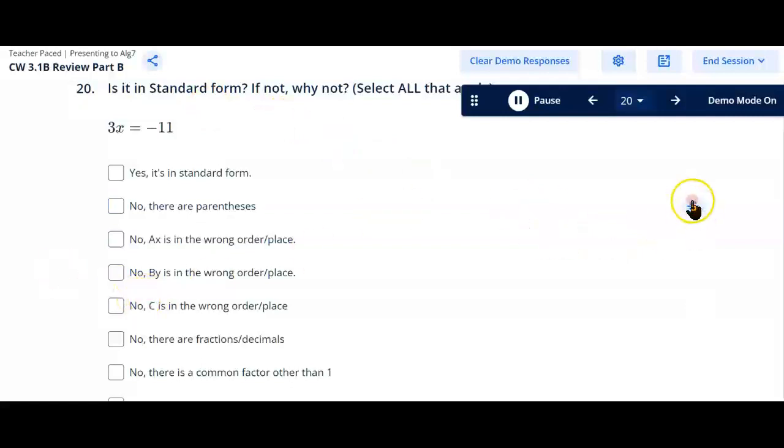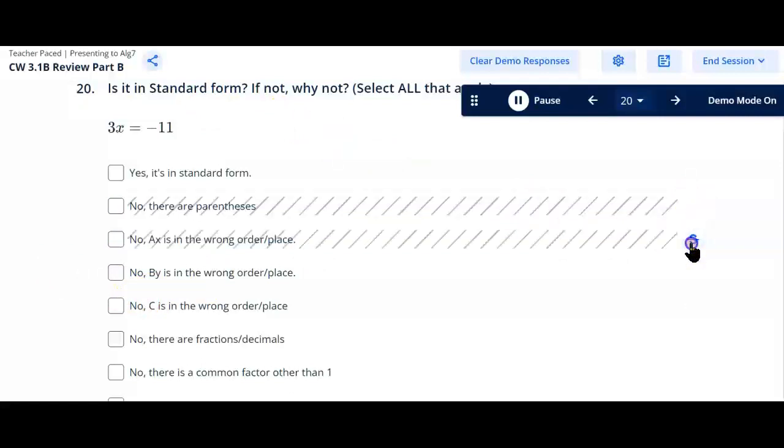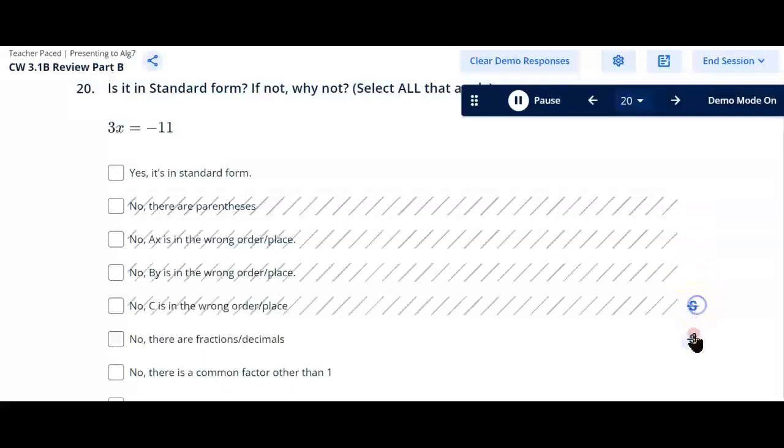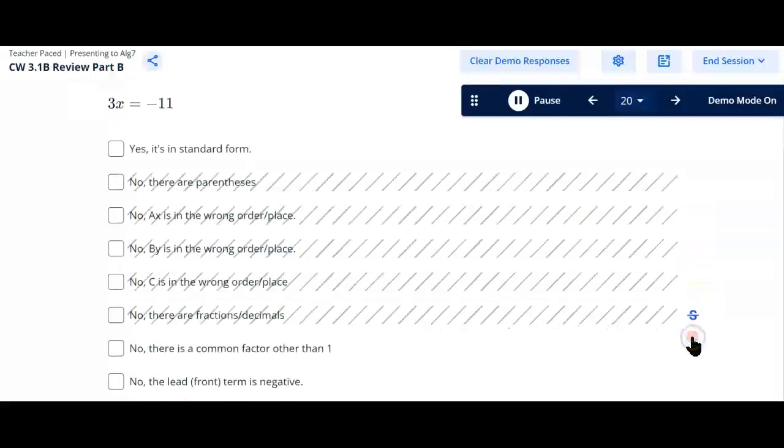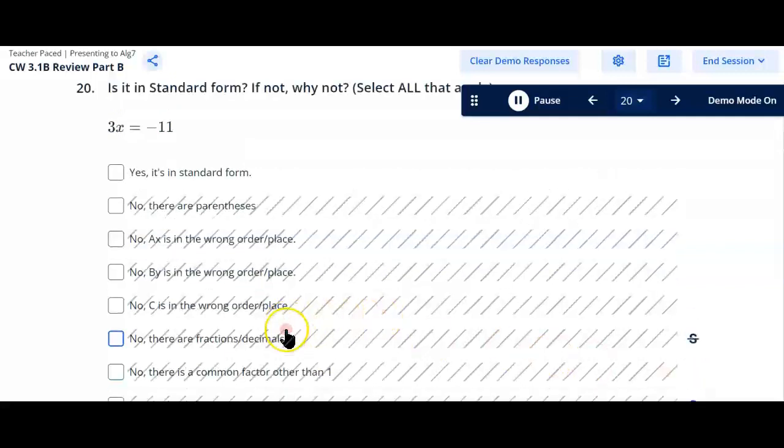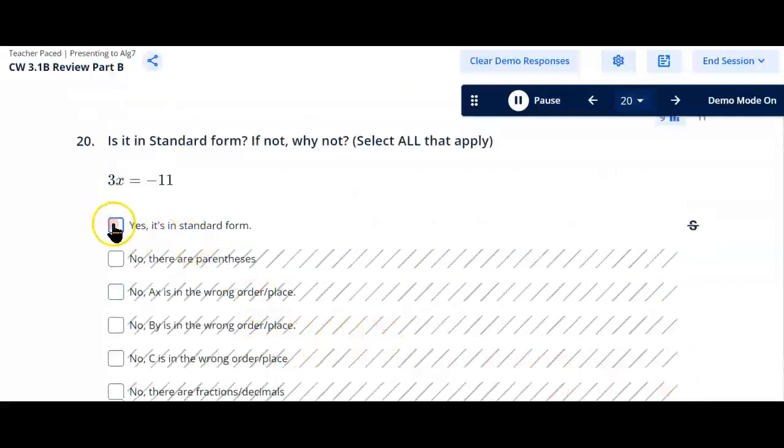Okay, so are there parentheses? No. Is AX in the wrong place? No. Is BY in the wrong place? Is C in the wrong place? Are there fractions, decimals? Is there a common factor other than 1? Is the lead term negative? So it's in standard form.